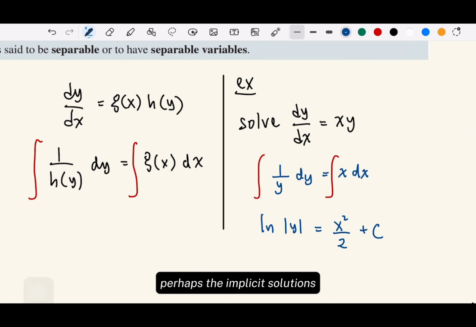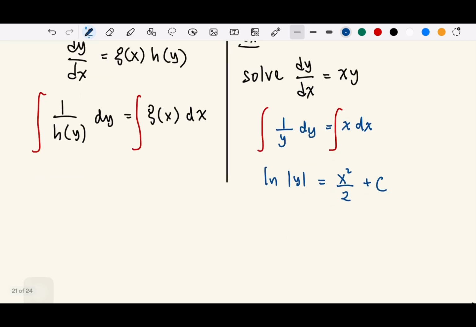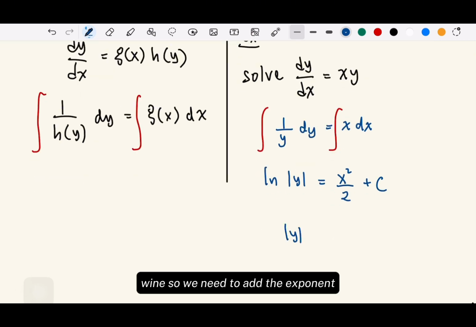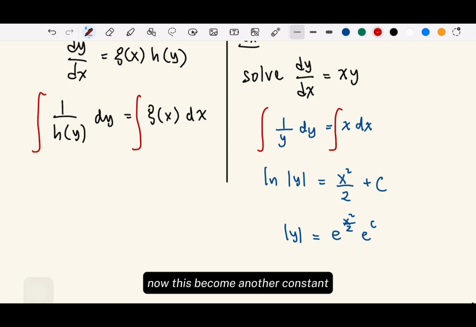We call this perhaps the implicit solution. Sometimes we need to detail what is y, so we could maybe transform to y. So we need to add the exponent and to become the power, right? So this will be e to the x squared over 2, and this will also be e to the power of c, right? Now this becomes another constant.